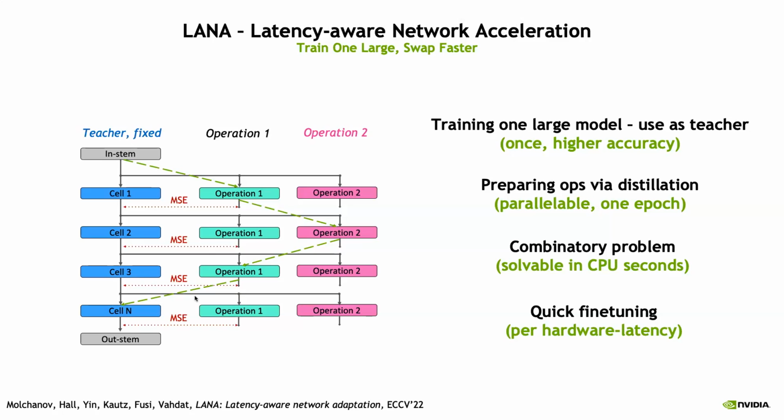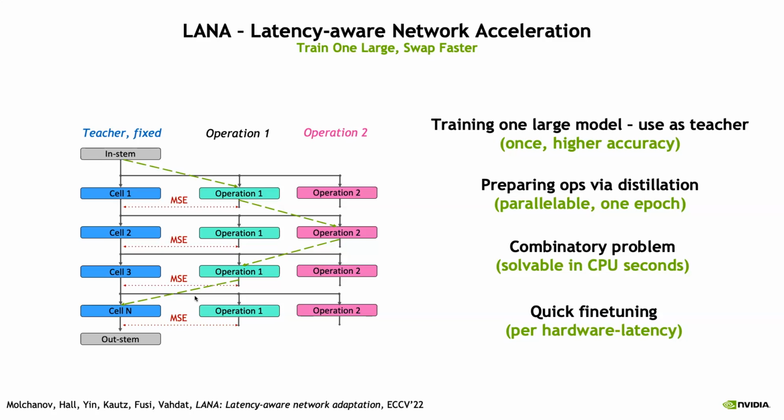We treat the entire network, because it's layered by nature, and find hardware-efficient or secure operation alternatives, which are specified by the candidate operations on the right. In order to satisfy, for example, one constraint, we just need to find a viable path from the input to the output that we use during inference.